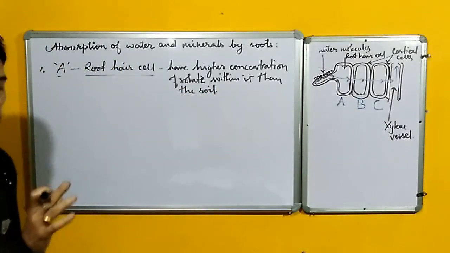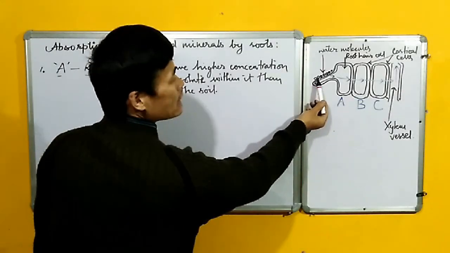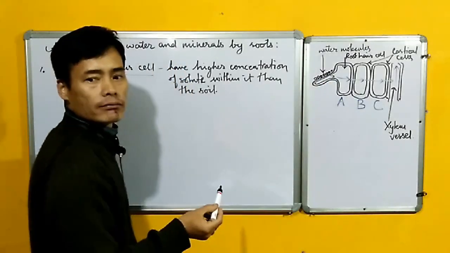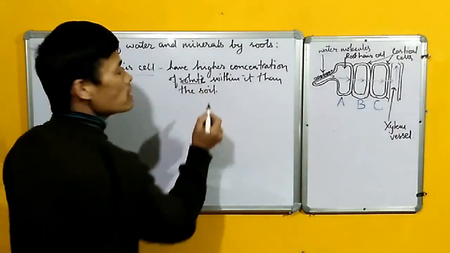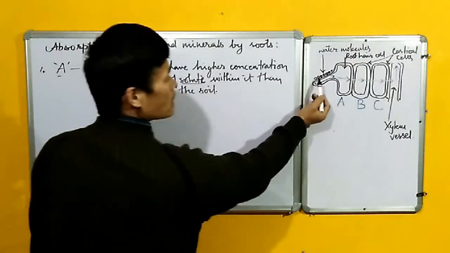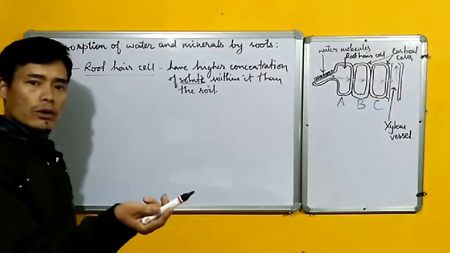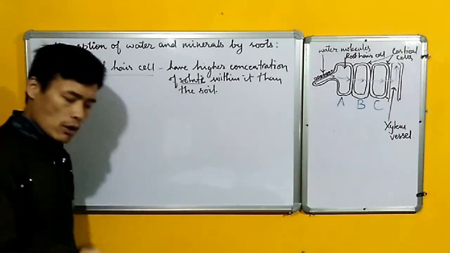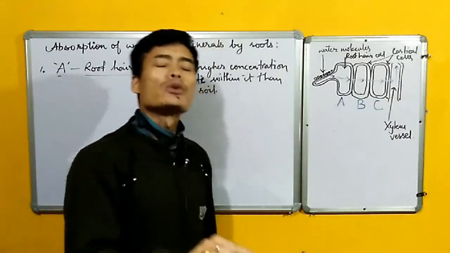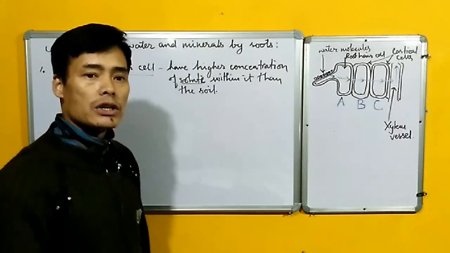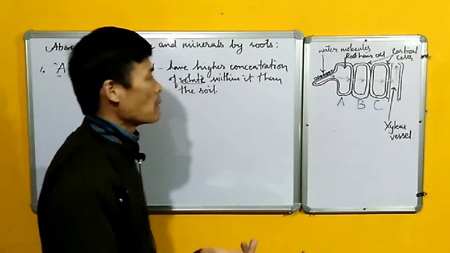So as a result of which, what will happen? Water will make its entry into the root hair cell, because the root hair cells have higher concentration of solute than that of the water which is present in the soil. And by definition we know that osmosis is the movement of the water molecules from a region of lower solute concentration to a region of higher solute concentration when the two solutions are separated by a semi-permeable membrane.